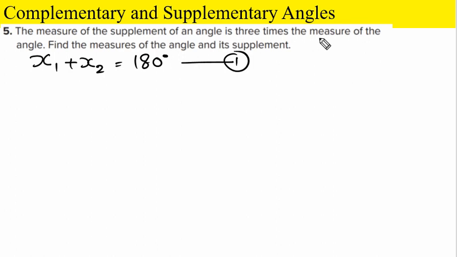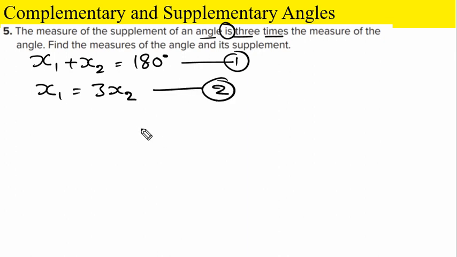The angle is 3 times the measure of the other angle, so x1 is 3 times x2. 3 times means multiply, so x1 is equal to 3 times x2. Okay, equation 2.